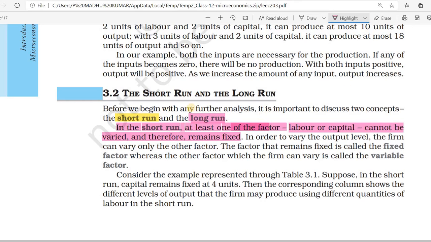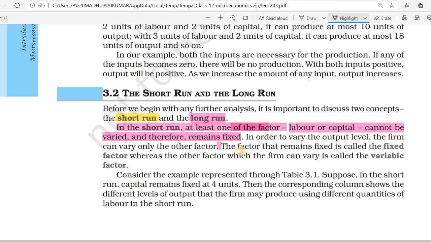Then this one is the short run. The factor that remains fixed is called the fixed factor. Here, normally capital is the fixed factor, whereas others can vary.